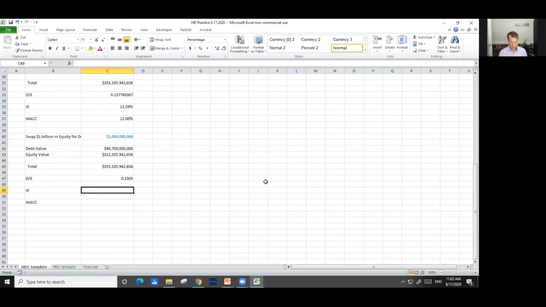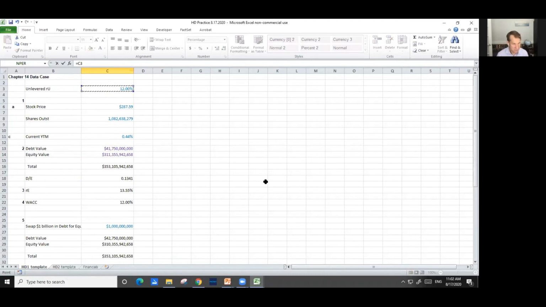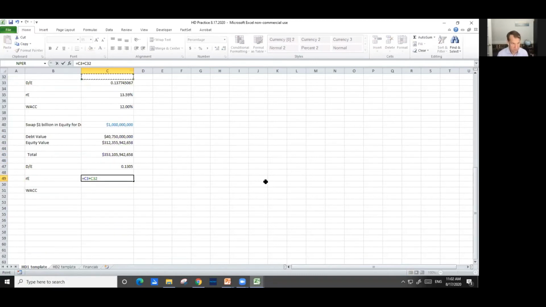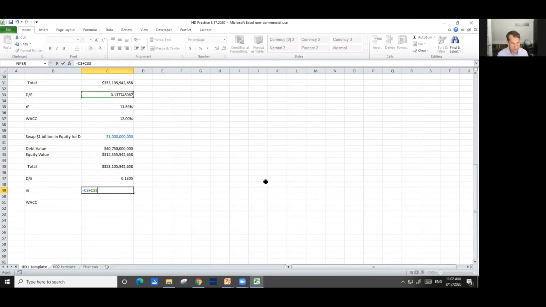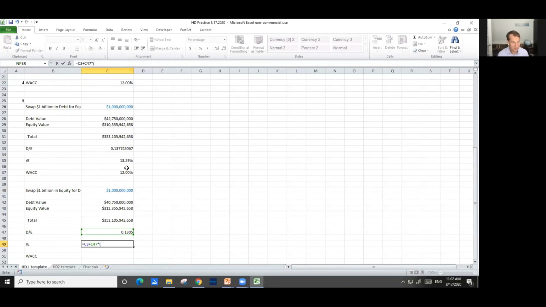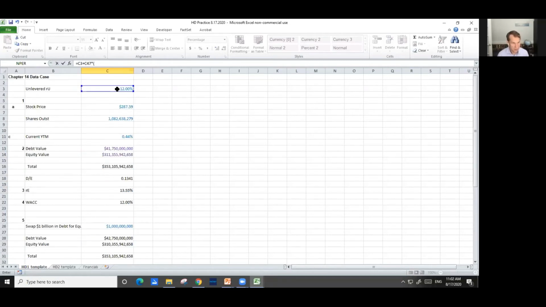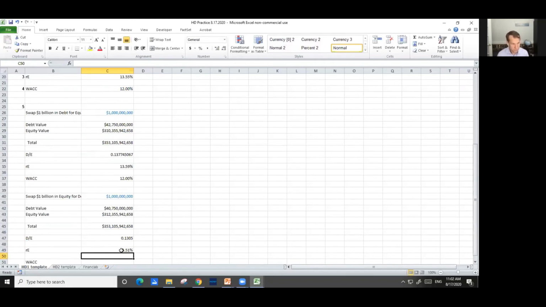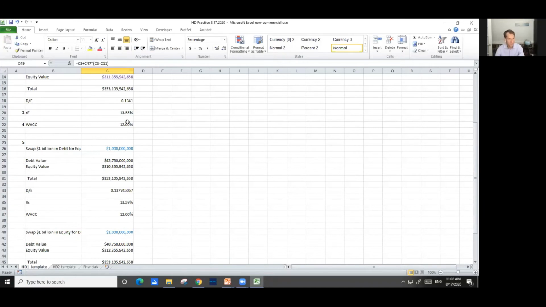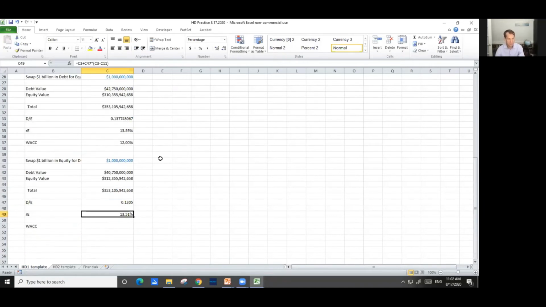The levered cost of equity would be 12% unlevered cost of equity plus debt to equity ratio multiplied by unlevered cost of equity minus cost of debt. So the levered cost of equity is now lower than, let's say, 13.55 in the base case.